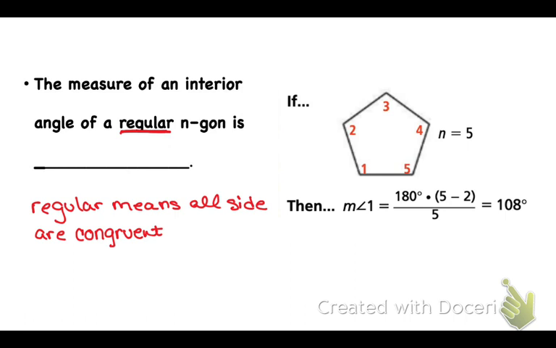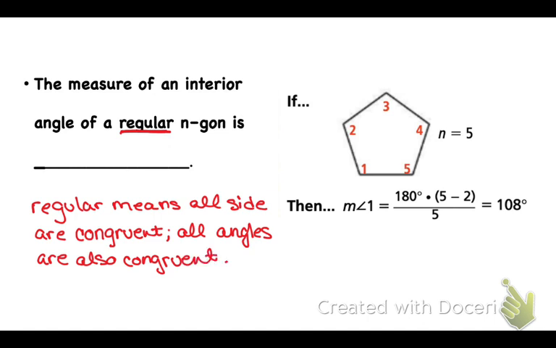And if all sides are congruent, so are what? All angles. So all angles are also congruent.